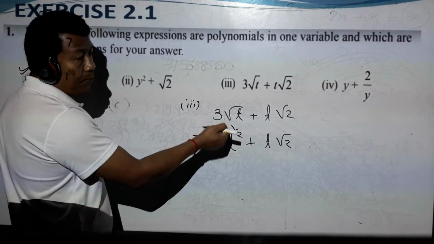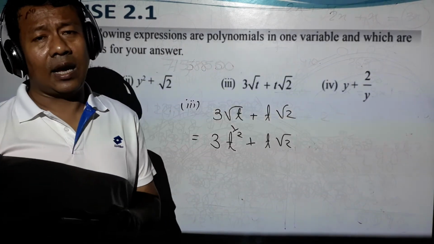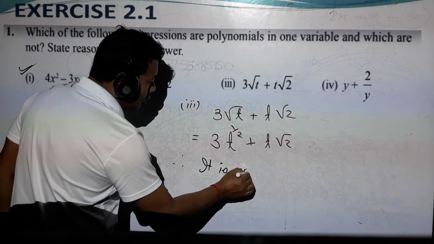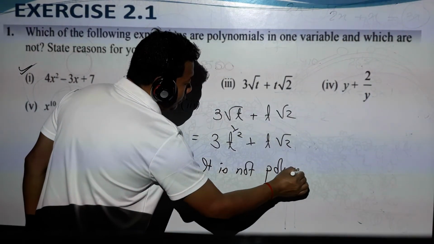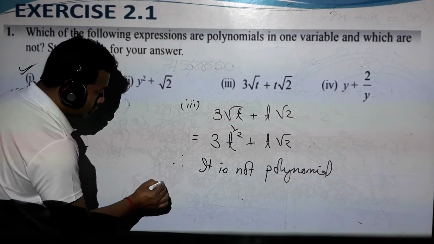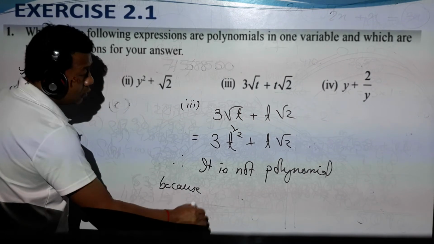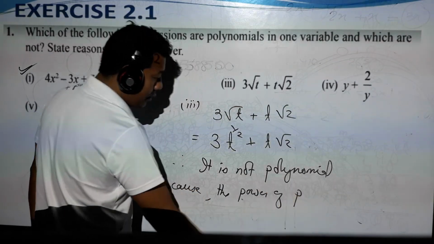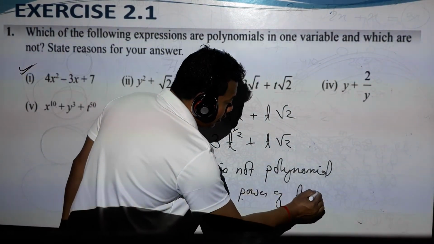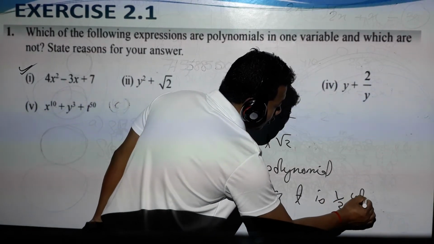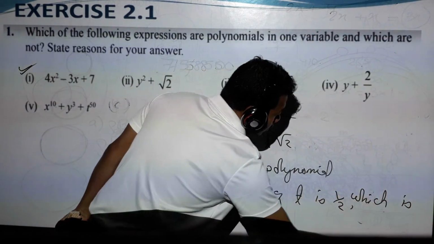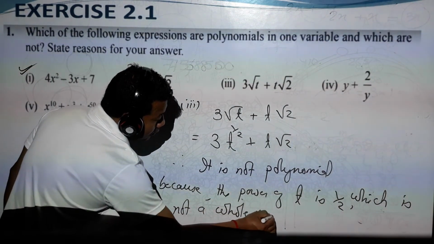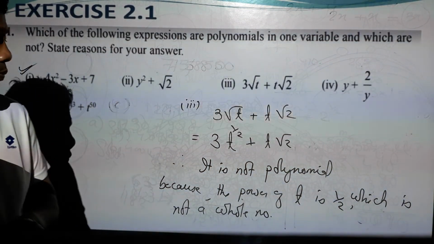So the variable t has a power 1 by 2, which is a fraction and not a whole number. Therefore, it is not a polynomial, because the power of t is half, which is not a whole number. So this is how you are going to answer like this.